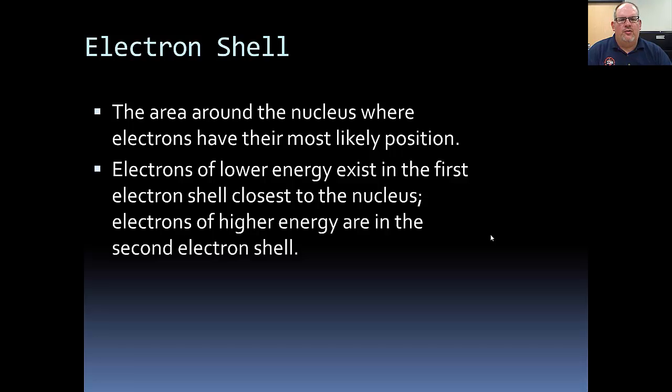So the electron shell, these little electrons are constantly moving, and actually everything's moving within an atom. It never sits still. The protons and neutrons are constantly moving within the nucleus, and the electrons are constantly flying around at the speed of light around the outside of this atom. Electrons in the shell closest to the nucleus, the first shell, have a lower energy than the ones further out in the second shell.